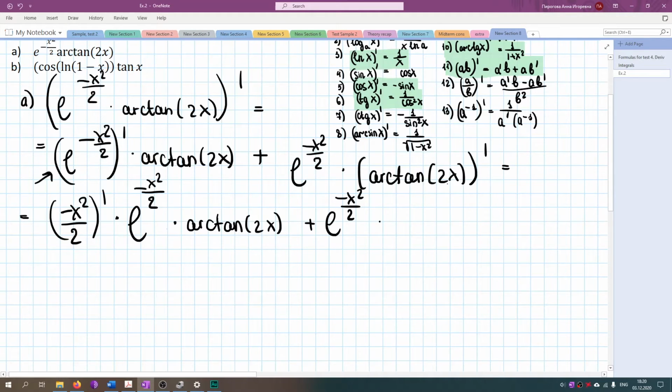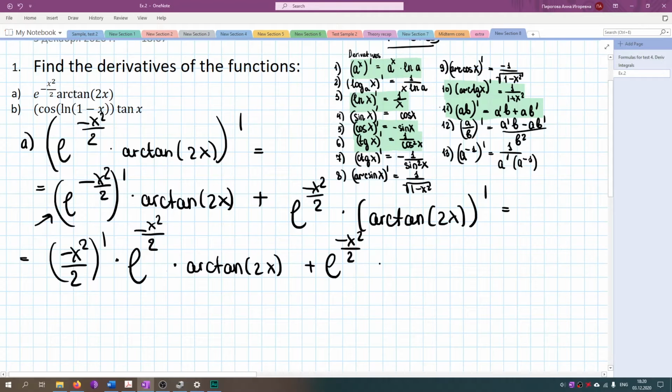Let's look at the formula of the derivative of arctangent. It is the 10th one. We need to take the argument and put it into the denominator in the second power.